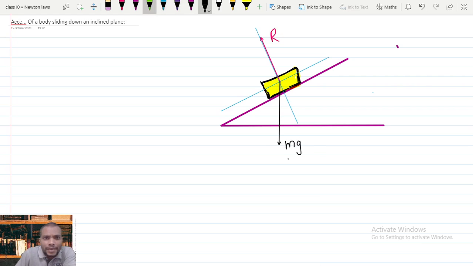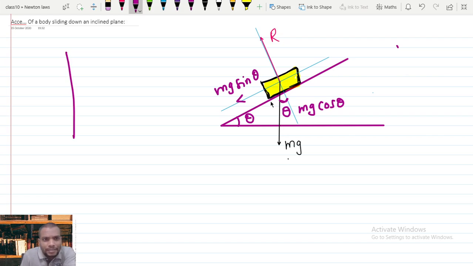Now mg is making an angle theta with the vertical axis. This angle theta is the angle of repose, and these two angles are equal. Now mg makes components: this side is the mg cos theta component, and this side is the mg sin theta component. We learned that from vectors.